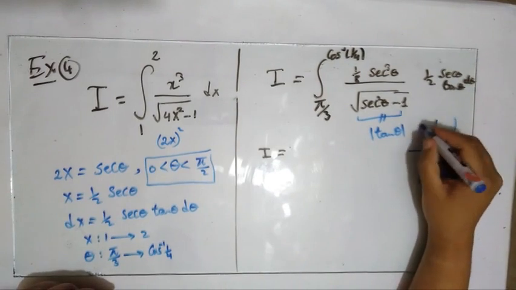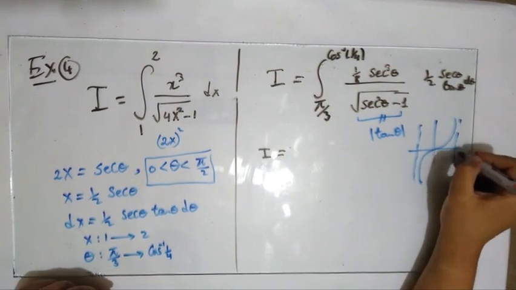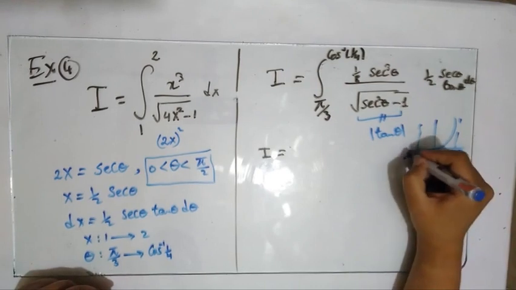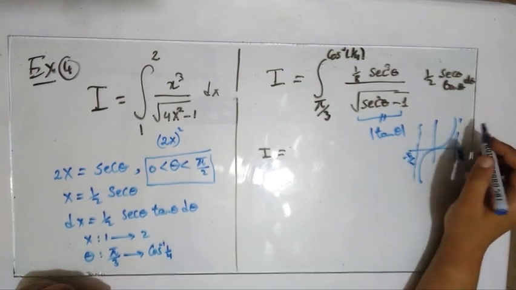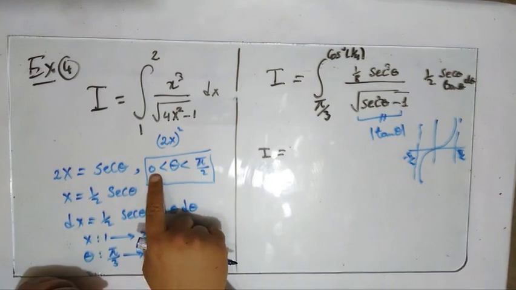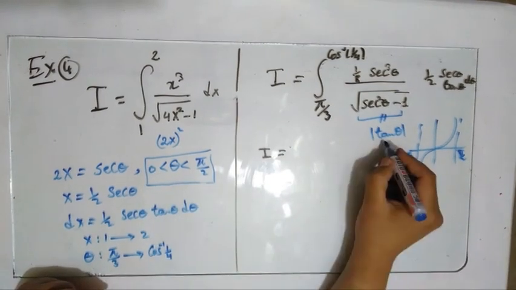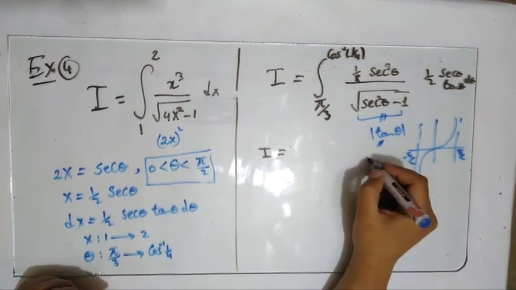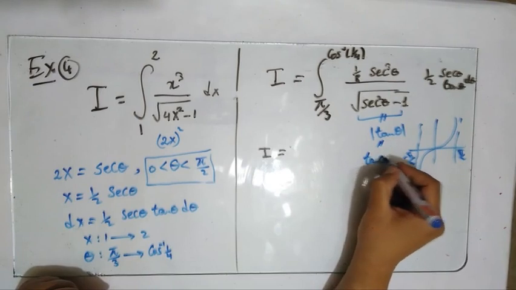Okay, and then it's periodic from negative pi over 2 to pi over 2. So if we restrict ourselves from 0 to pi over 2, tan is positive, so the absolute value can be removed.